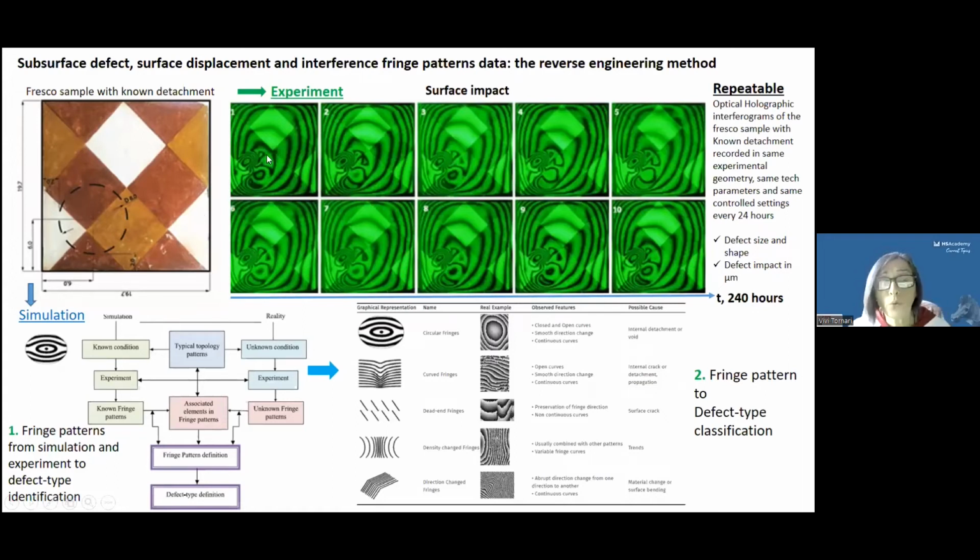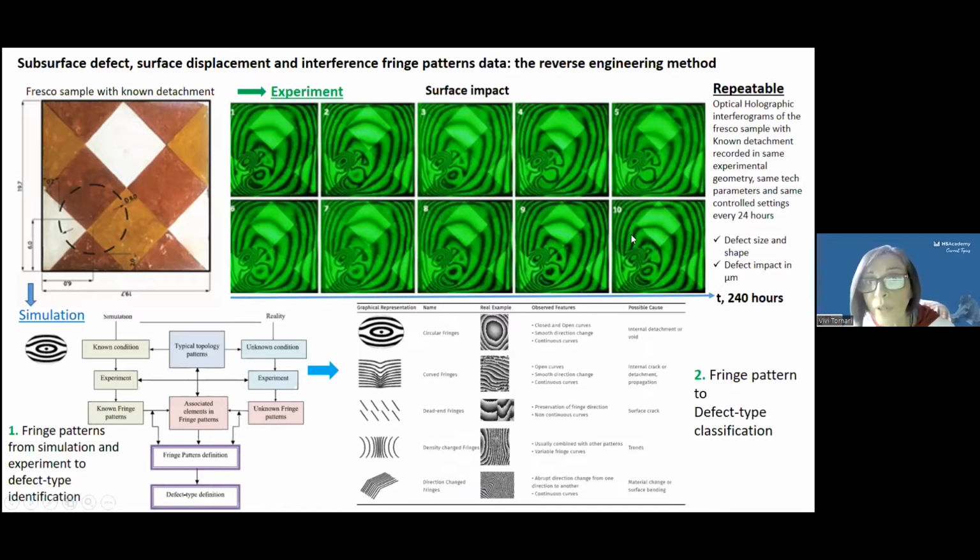We do reverse engineering, which means that we start with known defects, and we put these known defects into experiment and simulation, and by correlating our results through this interconnection diagram that you see here, where we interconnect the results of simulation and experiment, we can derive a classification table where we can know by rule what type of defect we have in each type of fringe pattern.